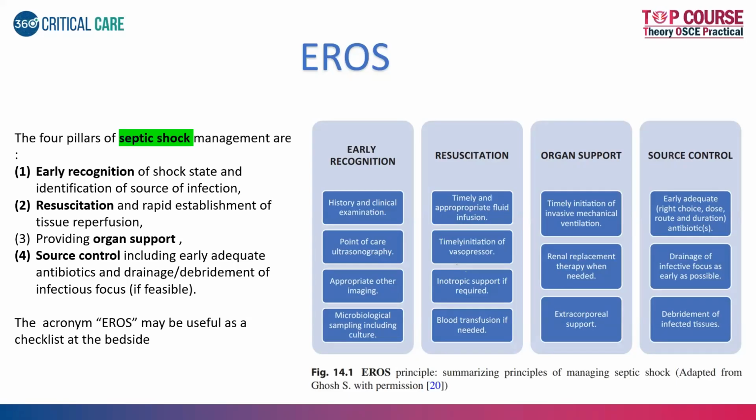In resuscitation, timely initiation of fluids, inotropes, and transfusion if necessary. In organ support, you need to look for timely interventions like ventilation, renal replacement therapy, and in the worst case scenario, even extracorporeal support. In the meanwhile, you have to localize the source of sepsis and treat it appropriately.